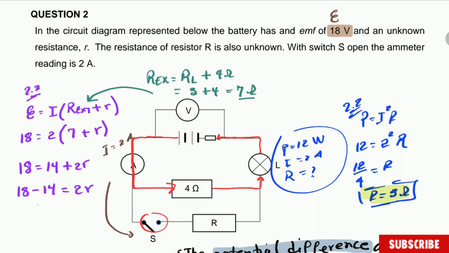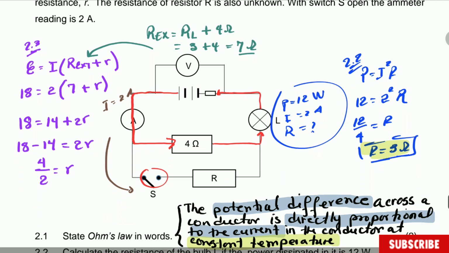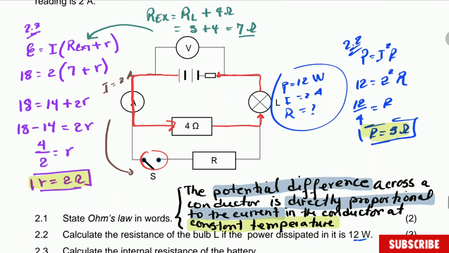So you solve this one. 18 minus 14 is 4, divided by 2 is equal to small r, and then guys, small r is equal to 2 ohms. We have now got the internal resistance of the battery. That one is the answer for question 2.3.